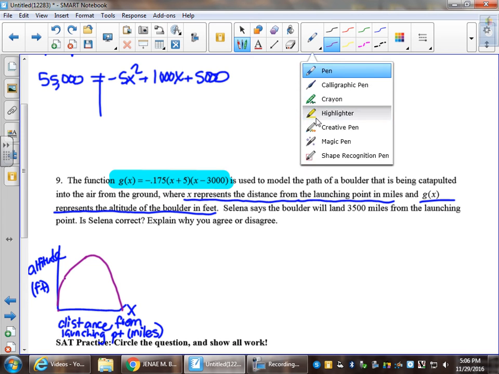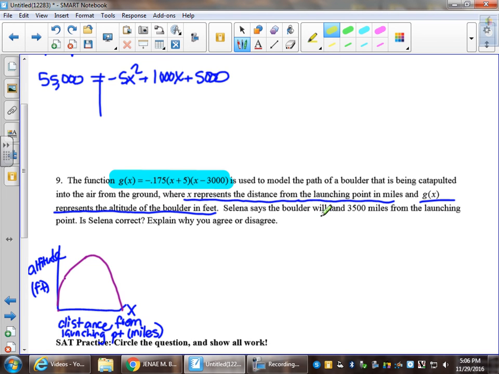Selena says the boulder will land 3,500 miles from that point. Is she correct? That's the question. Is she correct? It says will land. Land means ground.